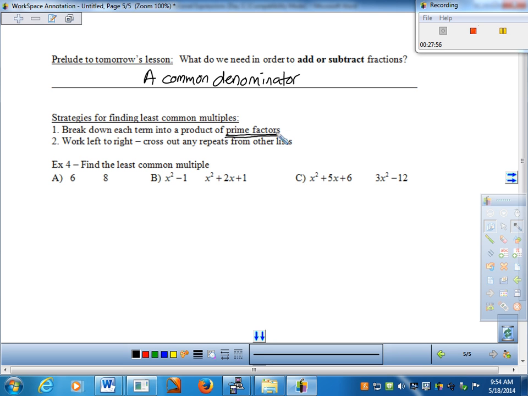And then I just work left to right. And what we want is the least common multiple. So that's this piece right here. We don't want repetitions from our different lists. And you'll see this unfold in just a sec. So we want not just a common multiple, but the least common multiple. So we're going to have to avoid any redundancies.